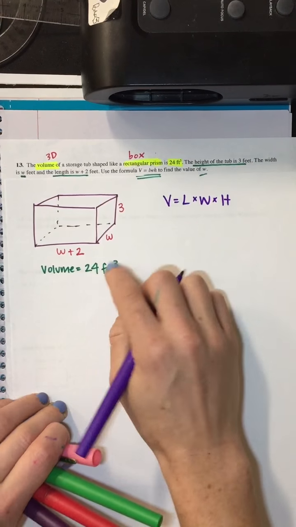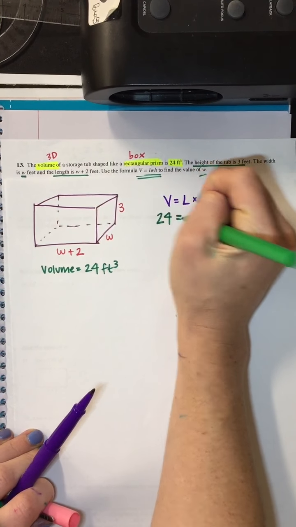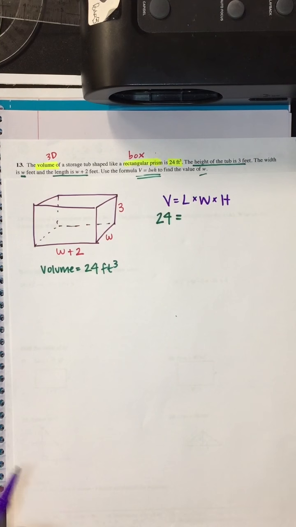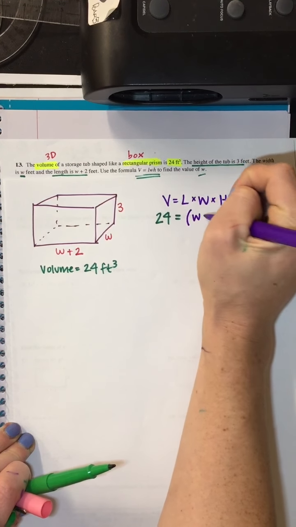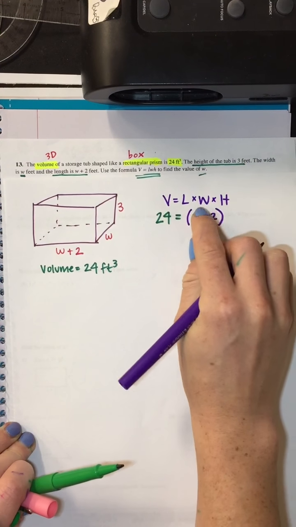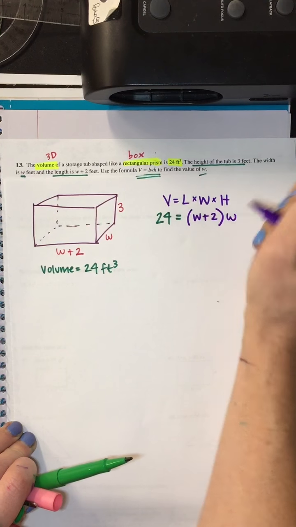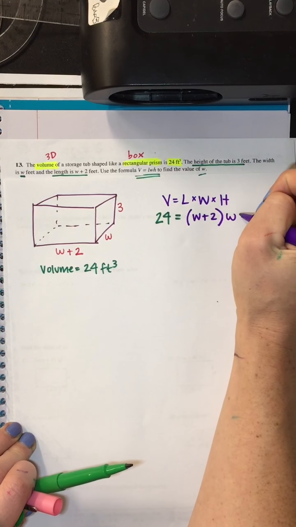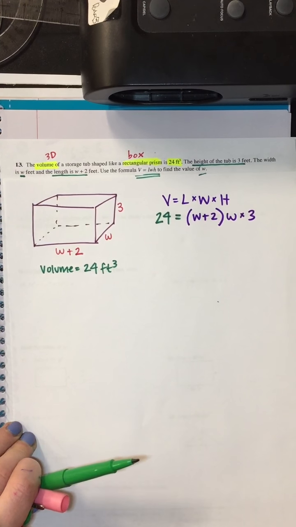I know that V is equal to 24. And this is equal to the length, which is W plus 2, and I put it in parentheses, times the width, which is W, times the height, which is 3. Okay.